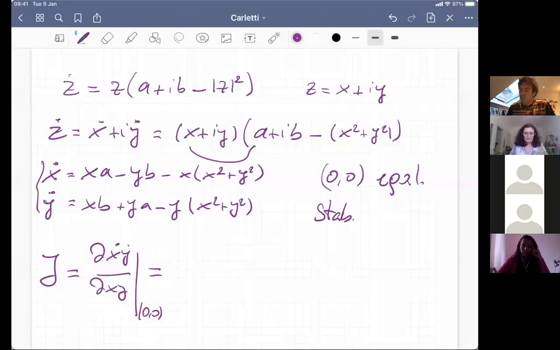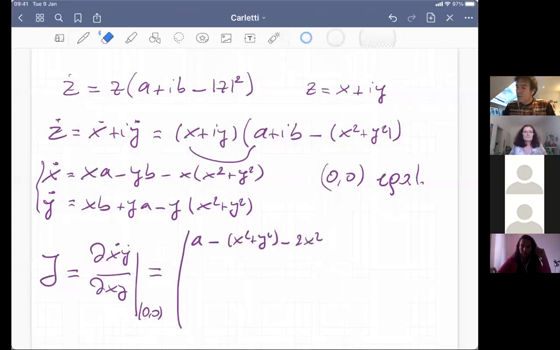The derivative of x dot with respect to x is A minus 3x squared minus y squared. Then the derivative of x dot with respect to y is minus B minus 2xy.